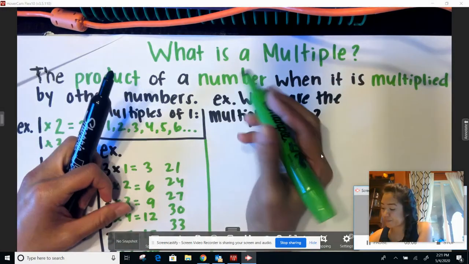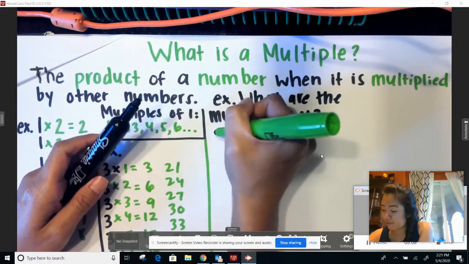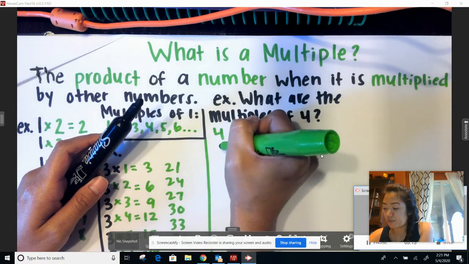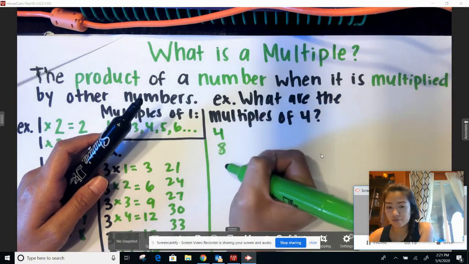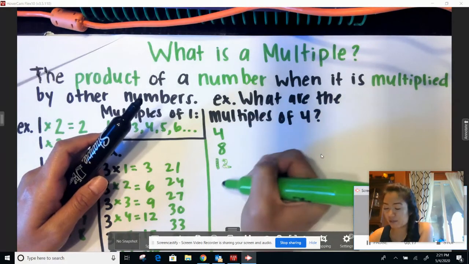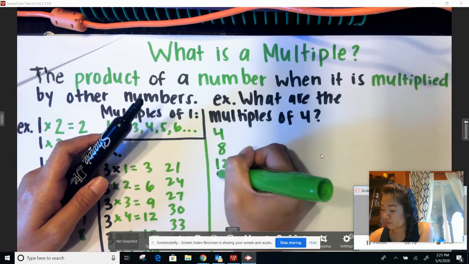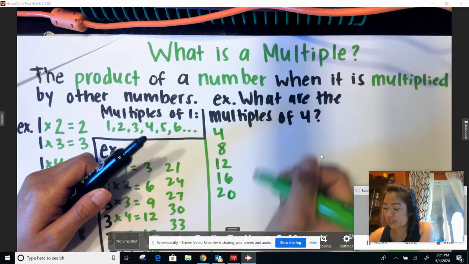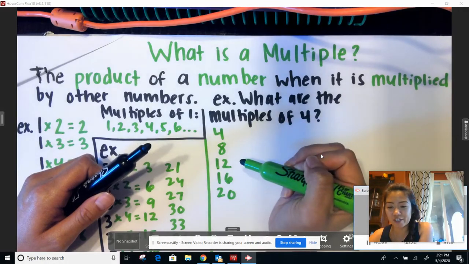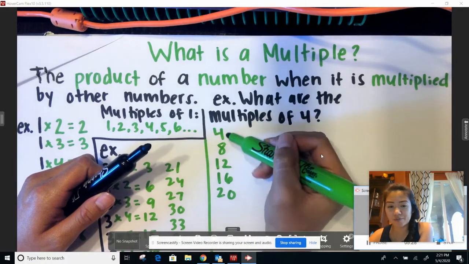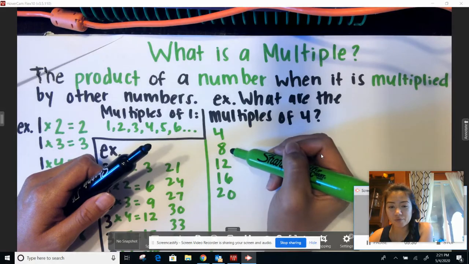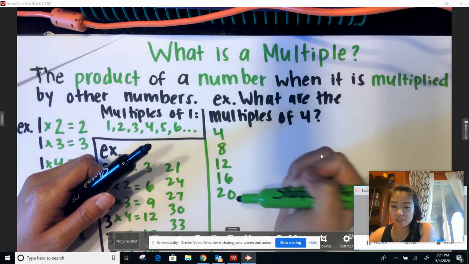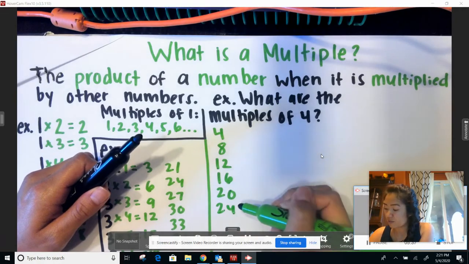We know that 4 times 1 is 4. 4 times 2, 8. 4 times 3, 12. 4 times 4, 16. 4 times 5, 20. You're just adding 4 each time. It's repeated addition, the other word for multiplication. 4 plus 4, 8. Plus 4, 12. 12 plus 4, 16. 16 plus 4, 20. 20 plus 4, 24.